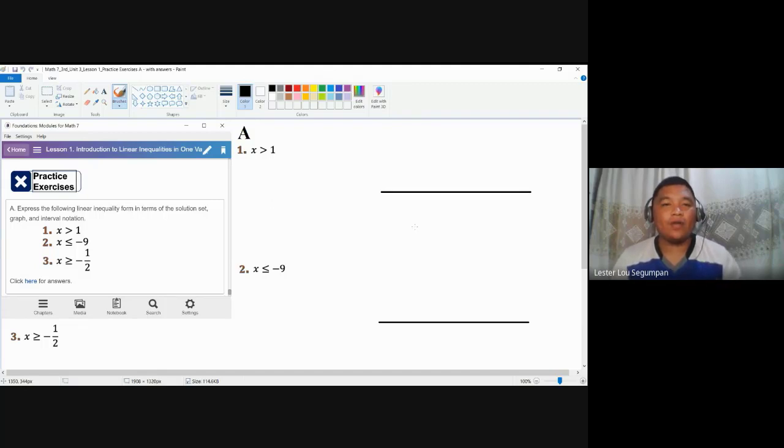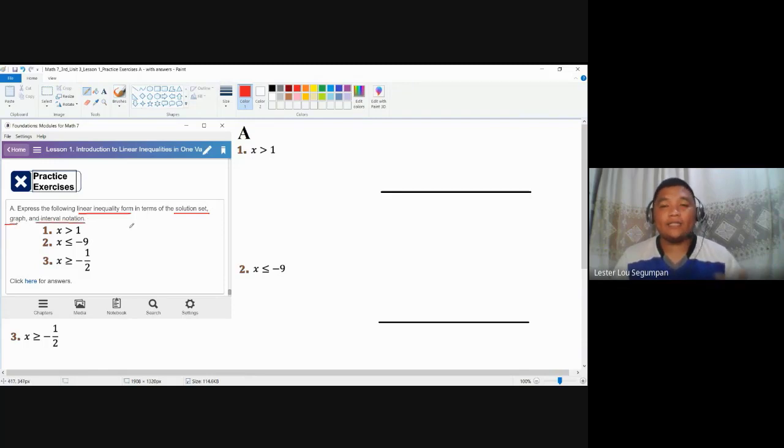That is why, if we're going to talk about linear inequalities, we can present the solutions in many ways. So in this practice exercise, we are going to talk about expressing this given linear inequality form into the other three forms, namely the solution set, the graph, and the interval notation.